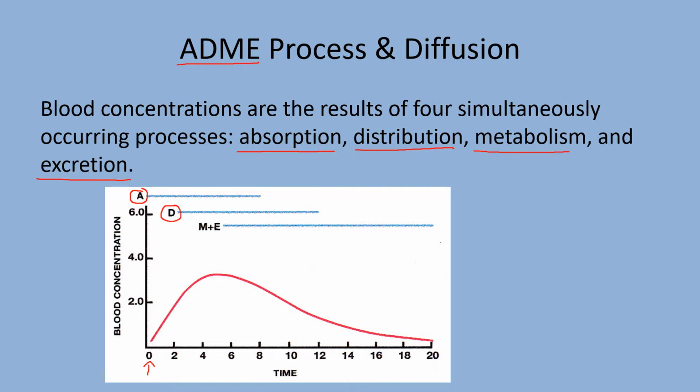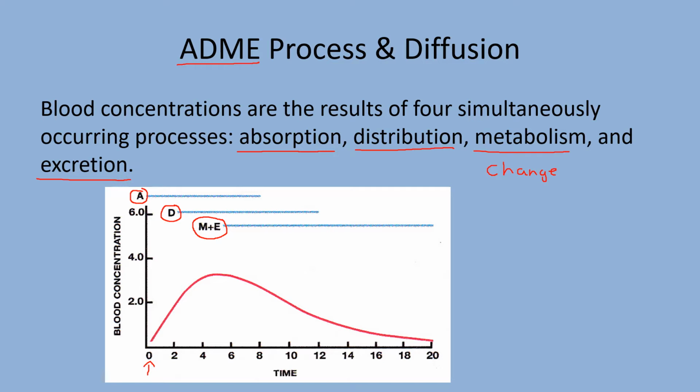Metabolism is just a fancy way of saying we change the chemical, in this case the drug, and excretion is to get it out of the body. So M and E kind of occur together. As soon as you start changing the drug compound, your body is then able to get rid of it.